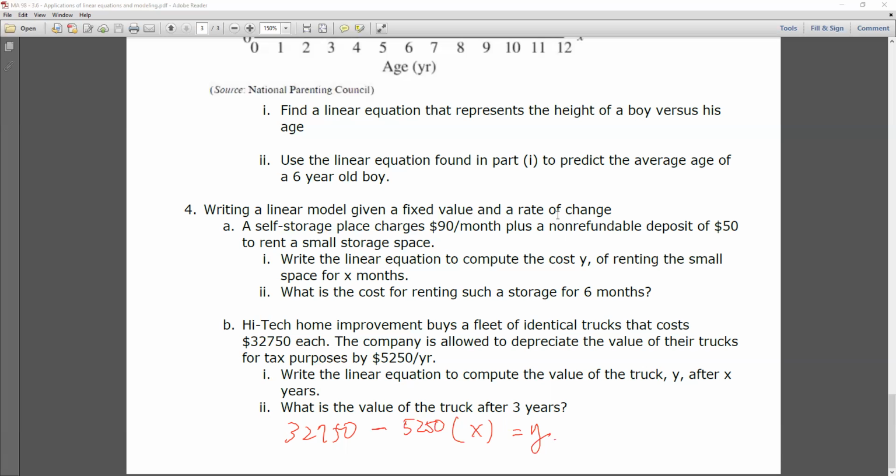So from here, part 2, we're going to set X equals 3 and see what happens. So I got 32,750 minus 5,250 times 3.